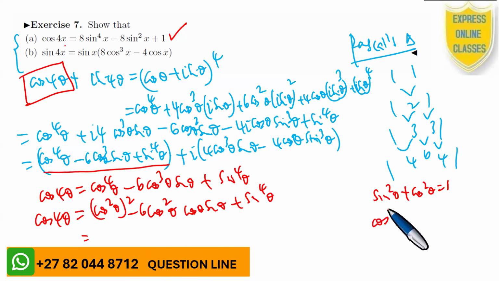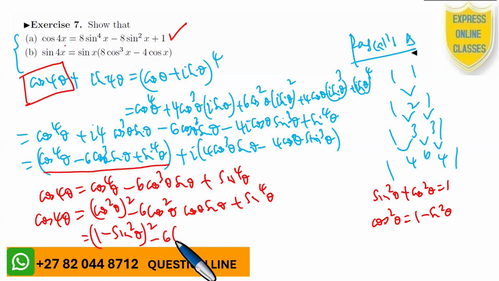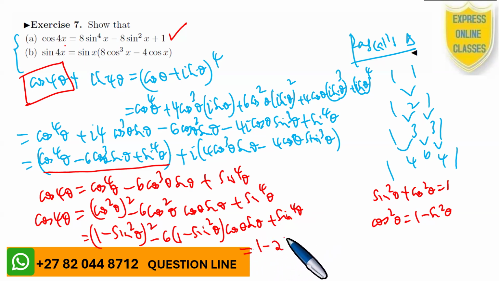Cosine squared is 1 minus sine squared theta. 1 minus sine squared theta squared. Minus 6. The cosine squared is 1 minus sine squared theta, sine squared theta, plus the sine to the power 4 of theta, which is 1 minus 2 sine squared theta plus the sine to the power 4 of theta.